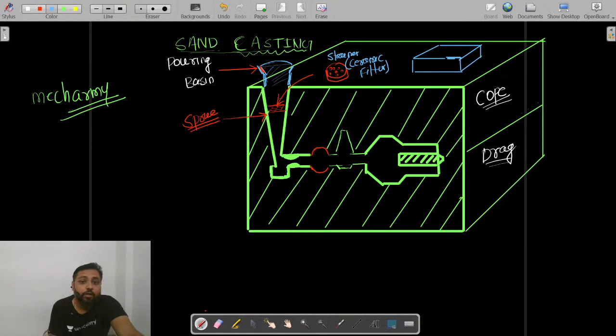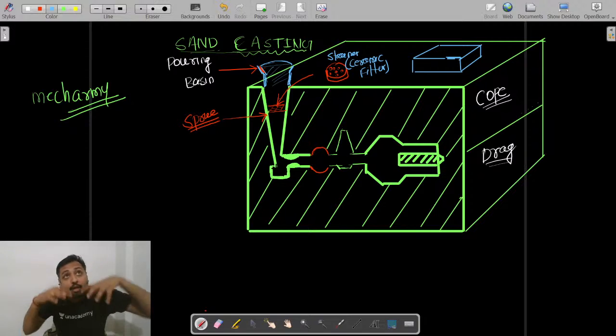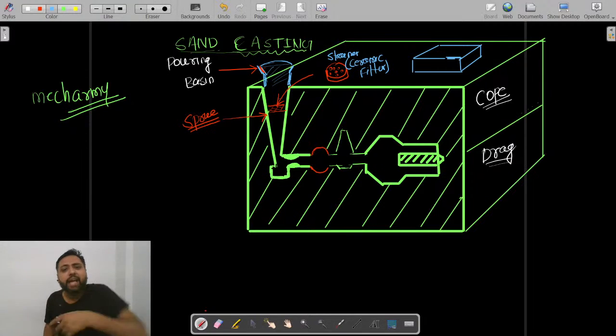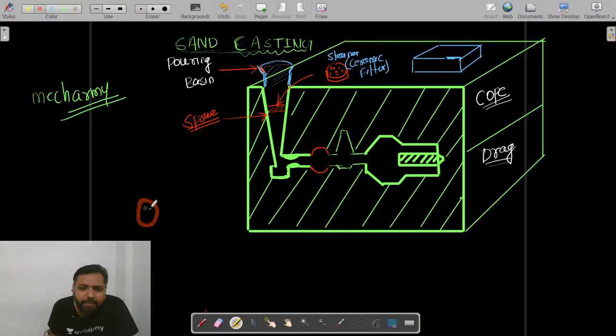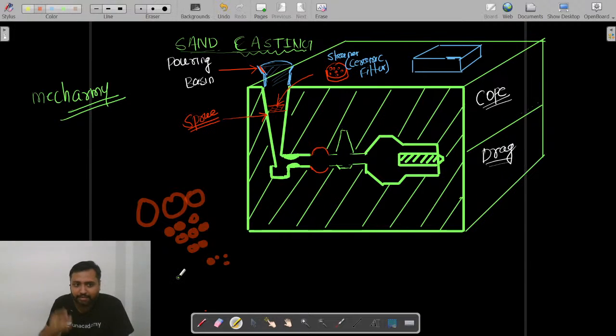Now, when you are pouring the molten metal into this channel, what may happen? The molten metal that you are pouring may have impurities. Some impurities will be larger in size, some smaller, and some too small. Yes, size differences of impurities will be there.